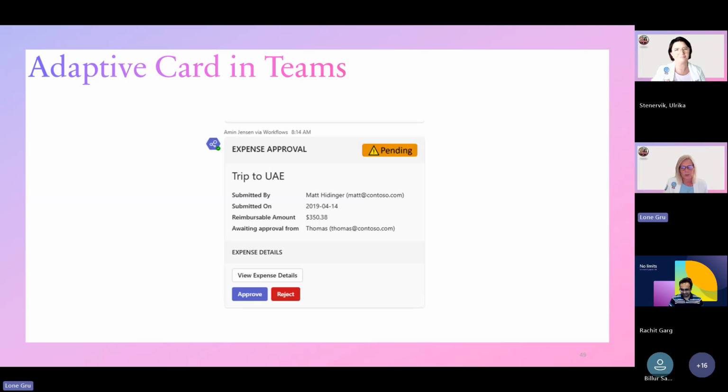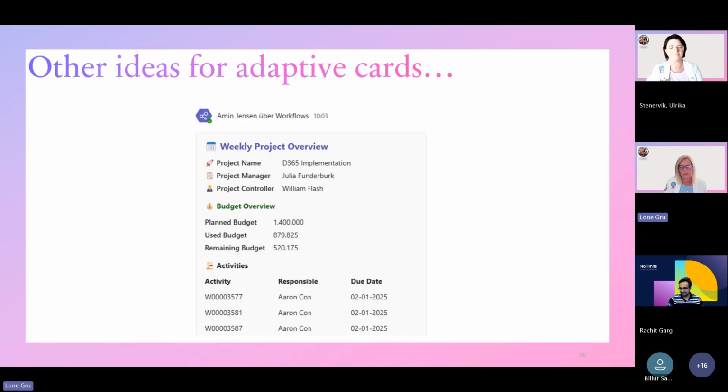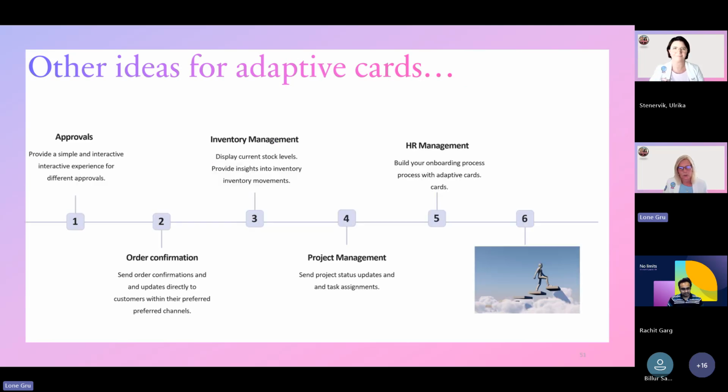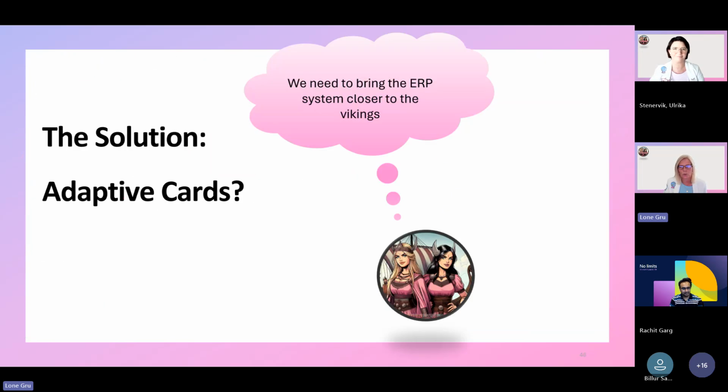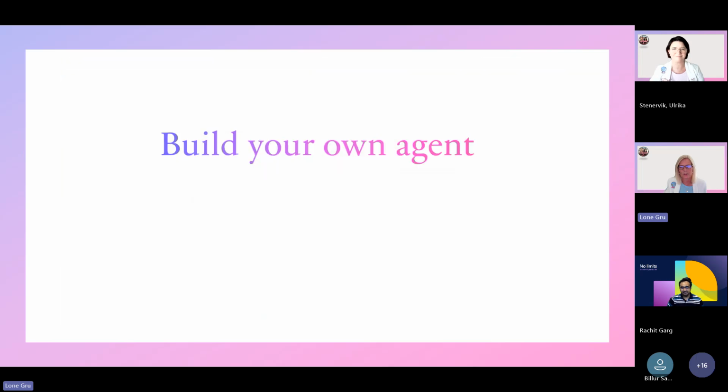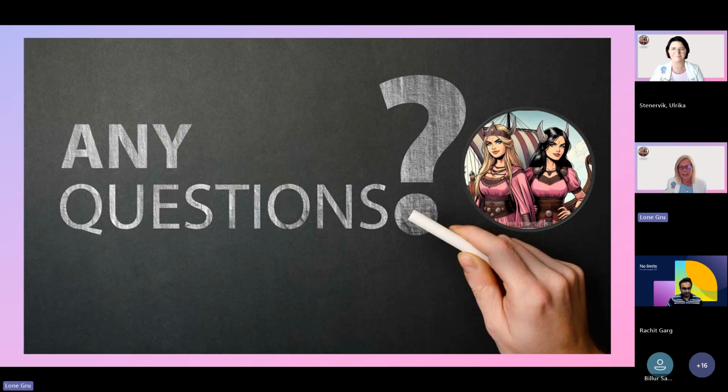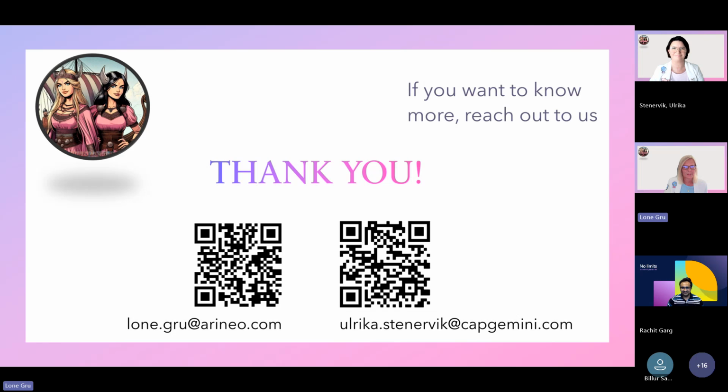So we did one for expense approval. I know Jonas and William have also done one for invoice approvals. And in previous sessions, we did a weekly project overview, which is also really nice. So there were also some other ideas on how to do it, but that was the last thing I wanted to show you.